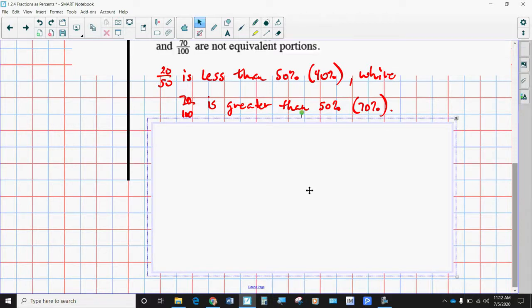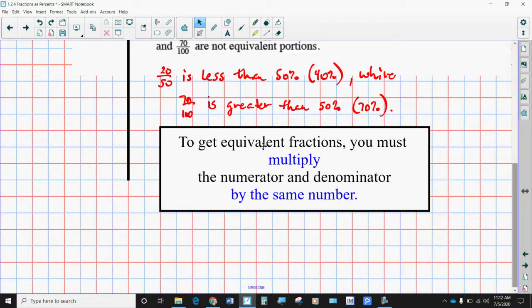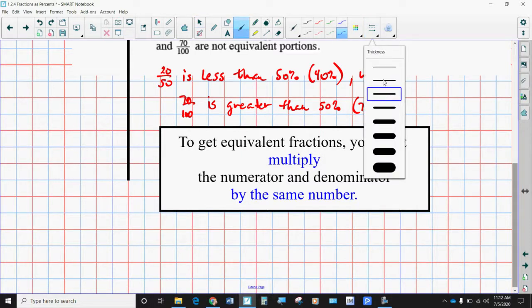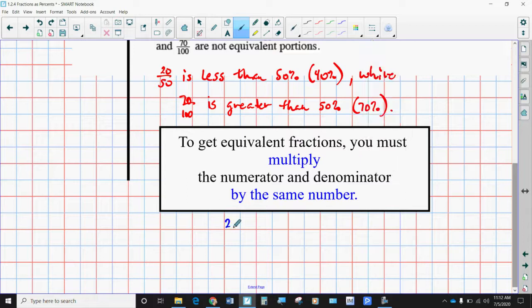So go ahead and jot this down. To get equivalent fractions, you must multiply the numerator and denominator by the same number. And if we want to put that visual here, if you take 20 out of 50, what do you need to multiply times 50 to give you 100 so that we can declare it as a percent?